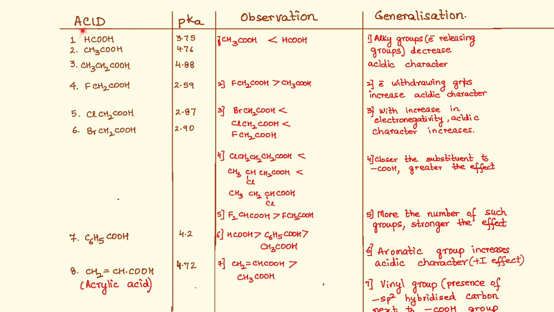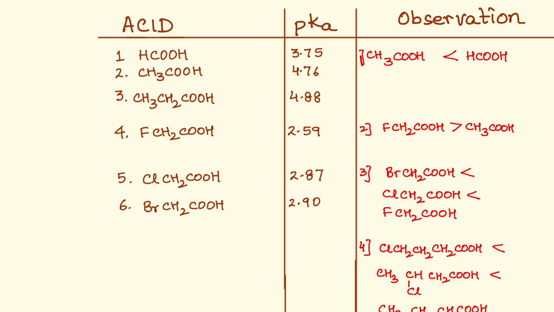So when you see the pKa values of methanoic acid and ethanoic acid, methanoic acid pKa is 3.75, ethanoic acid pKa is 4.76. Now here please remember, you do not have to memorize any of these values. No need to memorize. As long as you understand, it will make things very easy and simple for you.